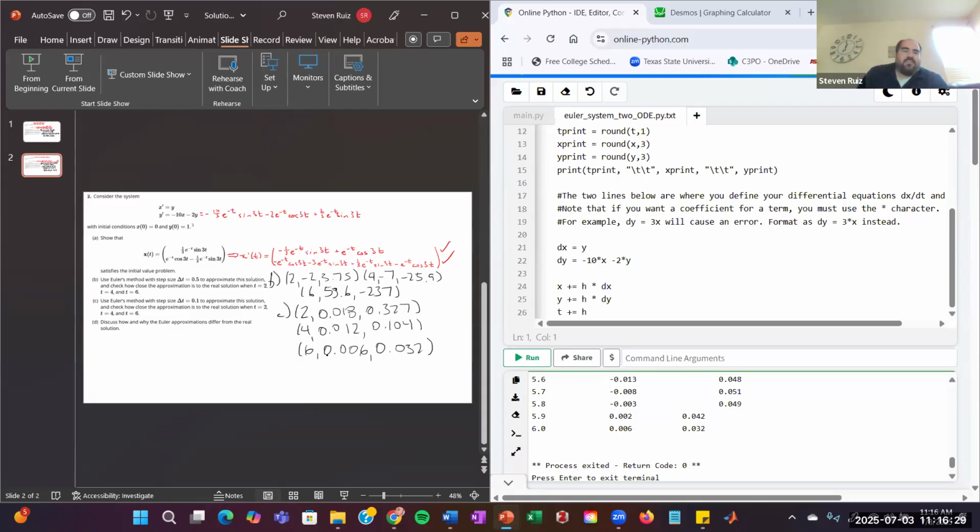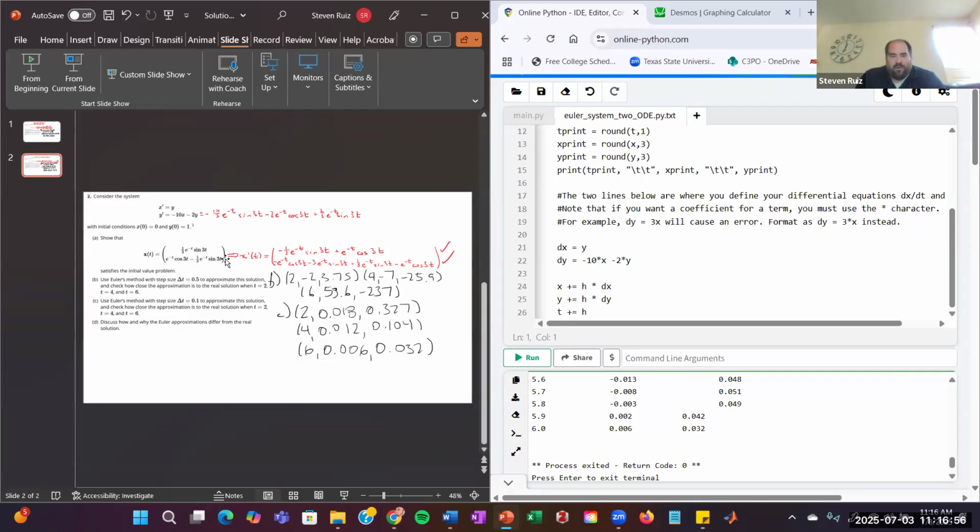If we look at the solutions we were given for X and Y, they both involve trigonometric terms, which are going to oscillate indefinitely. The cosine 3t and the sine 3t are going to oscillate between -1 and 1 indefinitely. But what are the rest of those terms going to do? They're all exponential terms, and they're all raised to -t, which means they're going to decay.